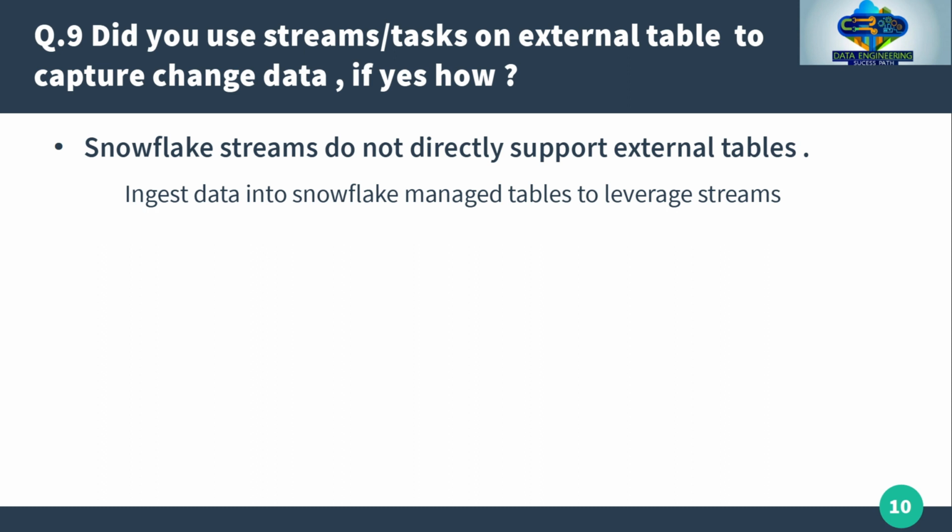Snowflake allows you to define external tables that reference data in cloud storage, enabling you to query this data directly without loading it into Snowflake. Combined with streams and tasks, this setup can efficiently process and capture changes in near real time.